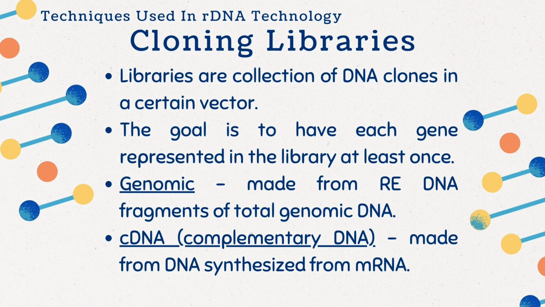In this context, made from rDNA fragments of total genomic DNA means that a specific type of enzyme called restriction endonuclease was used to cut all the genetic material, DNA, from an organism into smaller pieces. From these smaller pieces, a subset was selected and assembled together to create what is known as genomic DNA.